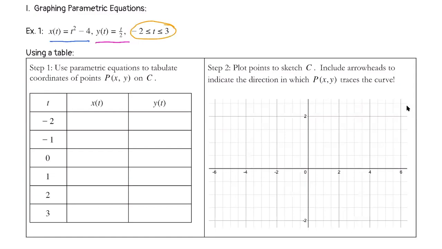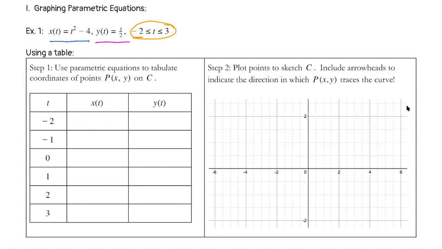In this example, I went ahead and gave you the table. We've got -2 because that's the starting t value. And then I just counted by ones all the way until I got to the end, which was 3. Now, we're not always going to count by ones. In fact, in some of the later examples, it's going to be easier if we count in different intervals.